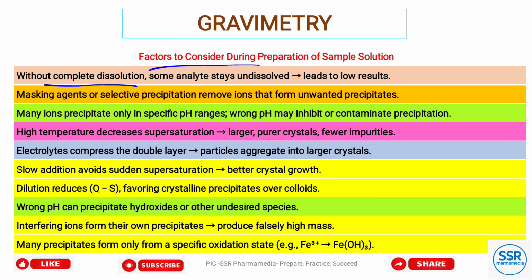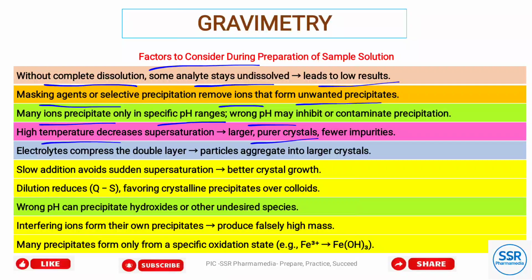Without complete dissolution, some analytes stay undissolved, which leads to low results. A masking agent or selective precipitant removes ions that form unwanted precipitate. Any ion precipitates only in specific pH ranges. Wrong pH may inhibit or contaminate the precipitate. High temperature decreases supersaturation, giving large pure crystals and fewer impurities. Electrolyte compresses the double layer, so particles aggregate into large crystals.